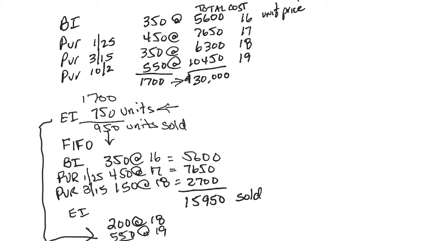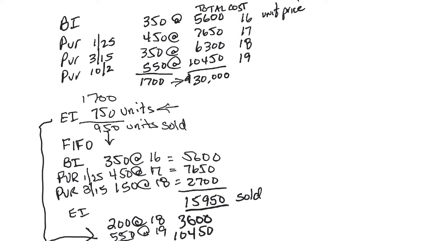So if I multiply that out, 200 times 18 is 3,600. And 550 times 19 is 10,450.